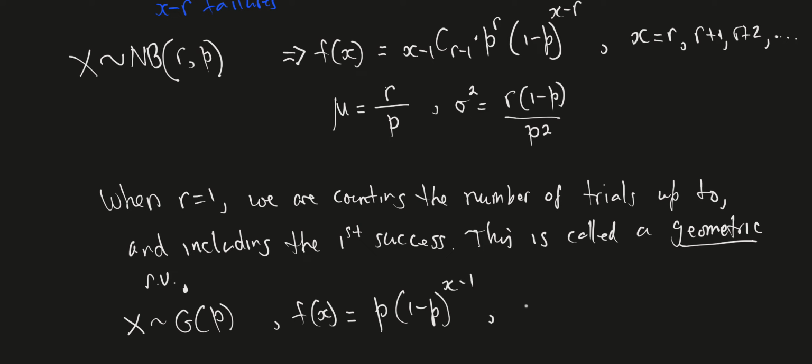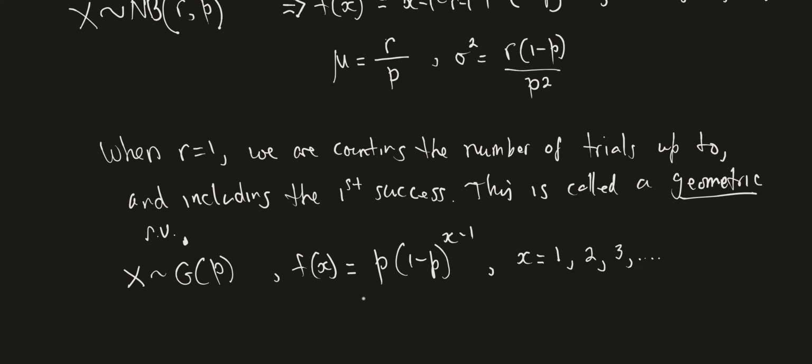And then the sample space. If you're looking for that first success, then you have to do the experiment at least once, or you might have to do it twice, or thrice, and so on. So it really does simplify when you look at the geometric situation where you're looking for that first success.